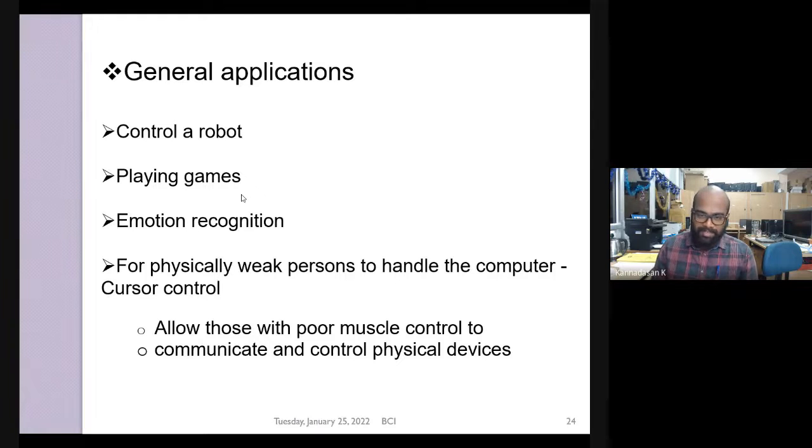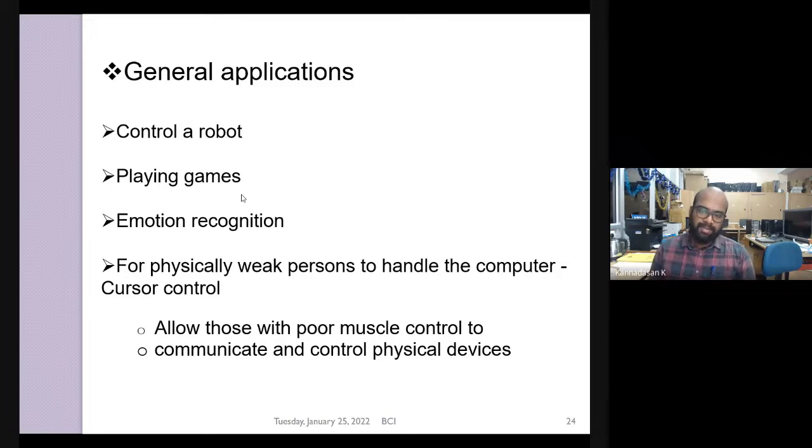Your computer is just a dumb machine which can't understand anything. Whatever commands you give, it just does that particular command and finishes the job. But we need a set of emotion recognition systems. It should be able to understand how the user is feeling. If he is in a depressed state, the computer can understand and reply accordingly.